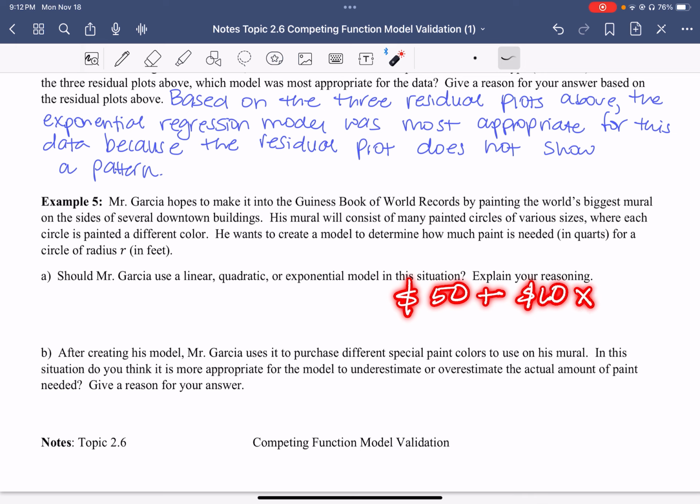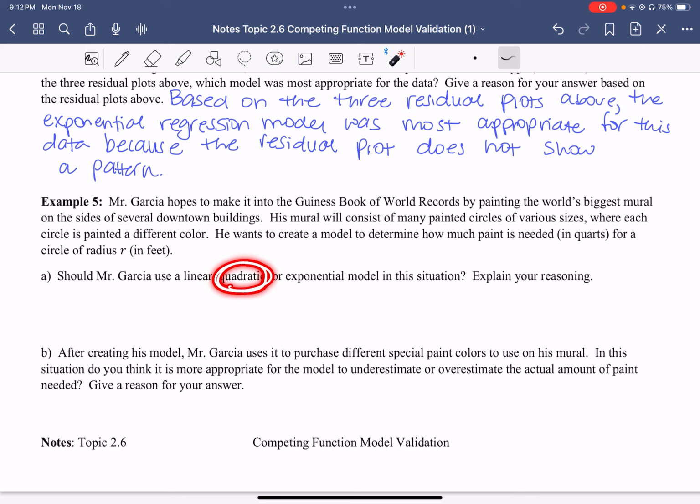Or it could be pizza. Let's say you order a cheese pizza that's worth $5, and then every topping that you want on top of that is an extra $2. It depends how many toppings you want. Do you want one topping, two toppings, three toppings? So the price goes up based on the number of toppings. So it could be something like that.